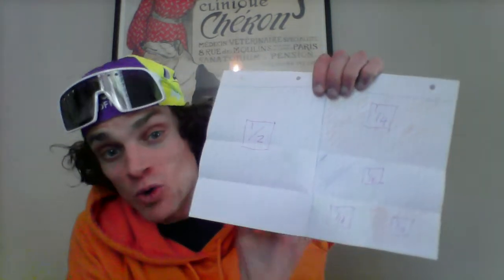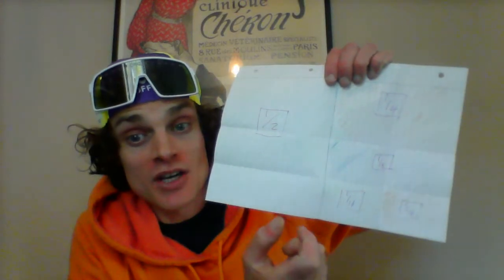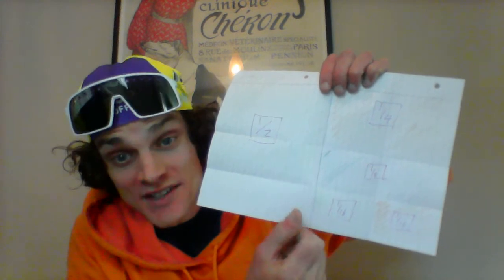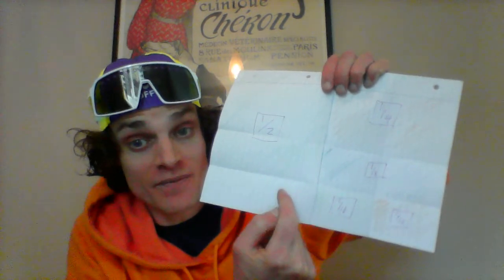If we were to go a little bit more in depth, 16/16 would make a whole, 8/16 would make the half, 8/8 would make a whole, 4/8 would make the half, 2/4 would make a half, and 4/4 would make a whole.